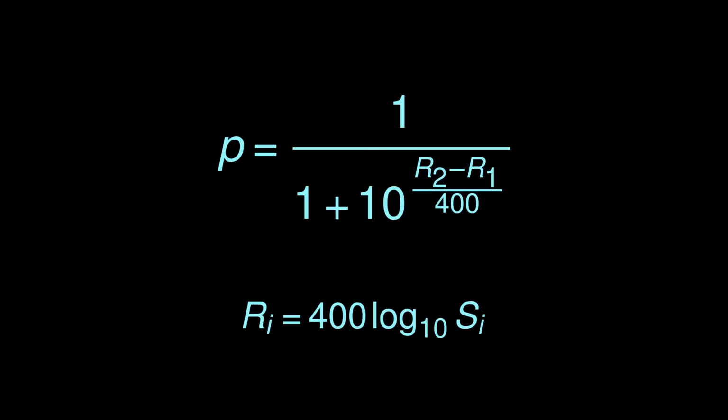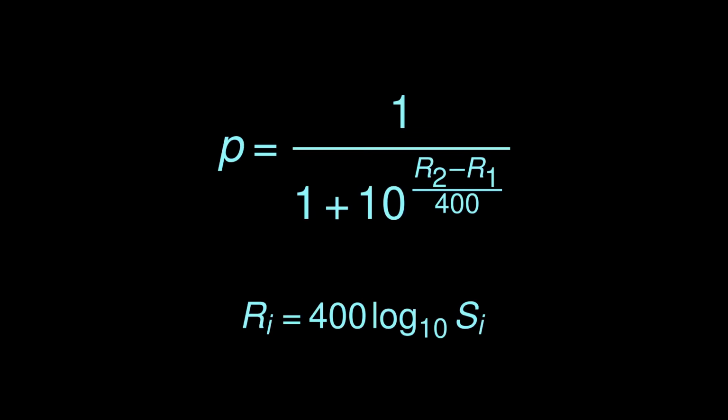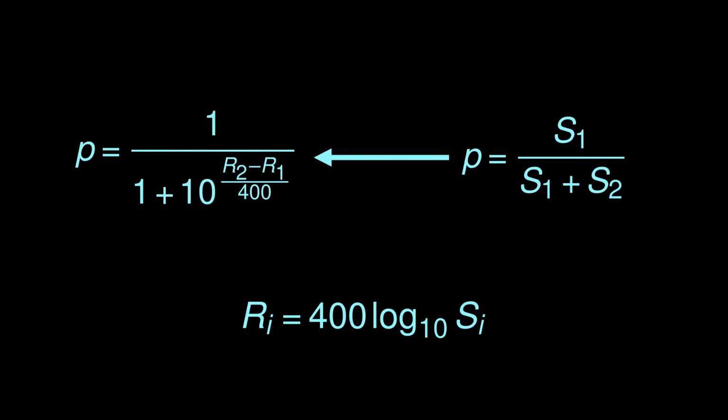I'll call this formula the logistic formula, because the 1 over 1 plus exponential form on the right-hand side is called a logistic function. This is the source of the mysterious Elo probability formula. What we have shown is that in the Zermelo model there exist correct ratings such that, when those ratings are assigned to each player, the Elo system's logistic formula produces the correct probabilities.